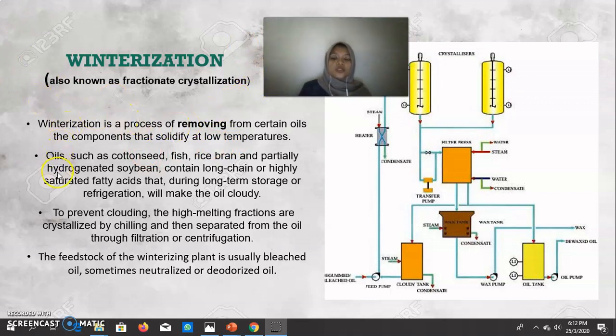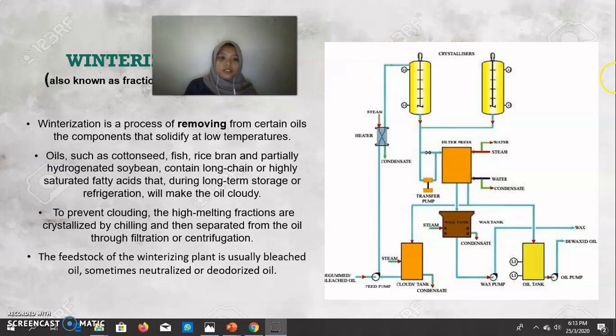It is strictly used for oils such as cottonseed, fish, rice bran, and partially hydrogenated soybean, which contain long-chain or highly saturated fatty acids that make the oil cloudy during long-term storage or refrigeration. To prevent clouding, the high melting fraction is crystallized by chilling and then separated from the oil through filtration or centrifugation. You can refer to this structure.